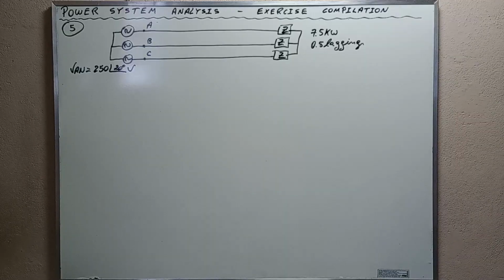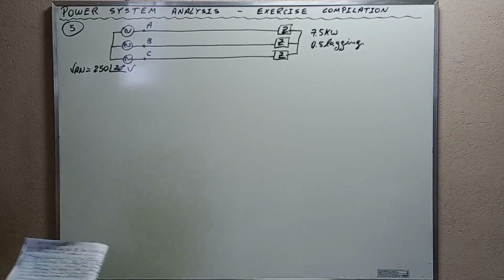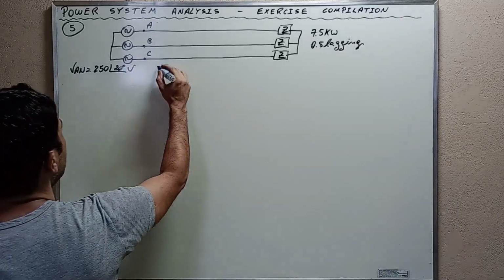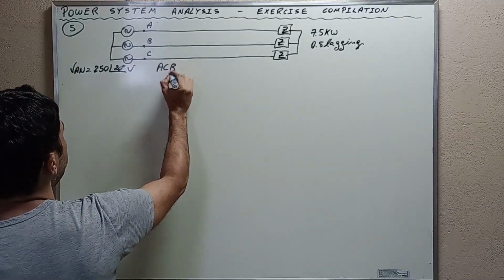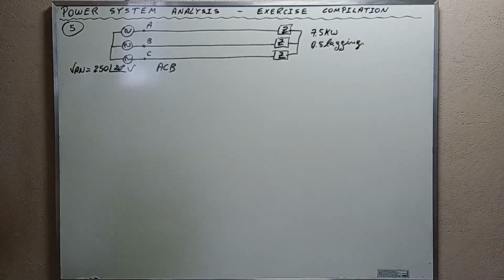Knowing that the voltage in phase A is 250 volts and angle 20 degrees, what is the current that passes in phase B? Okay, the exercise says that the sequence here is ACB. Okay, this is the exercise number 5. Let's go to the solution.